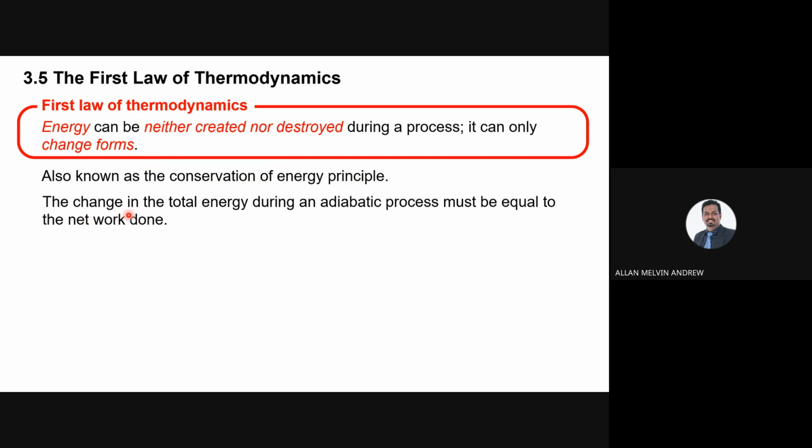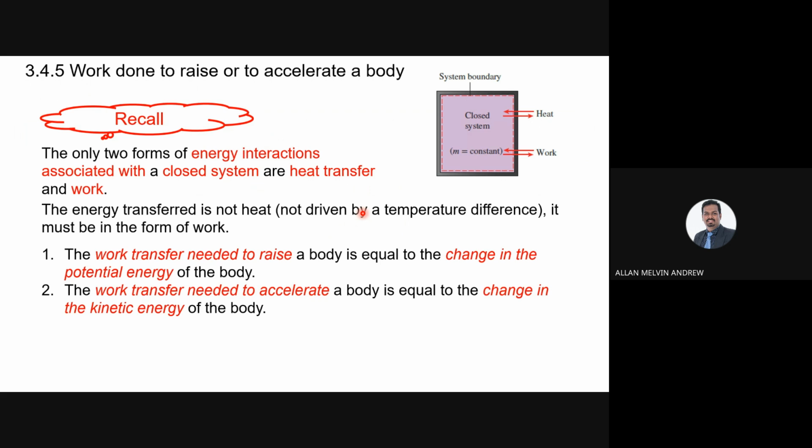The change in the total energy during an adiabatic process must be equal to the net work done. An adiabatic process means no heat transfer in a closed system. We have seen on the previous slide that in a closed system you have two forms of energy transfer, heat and work.